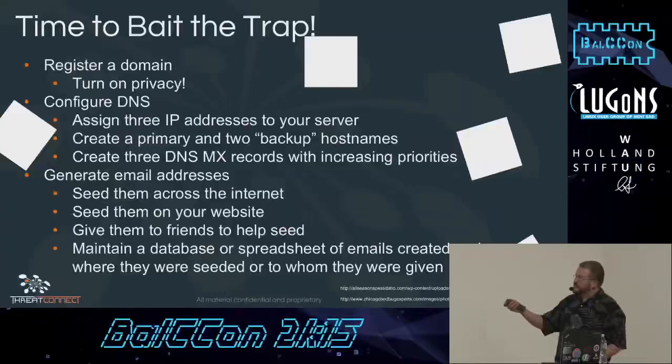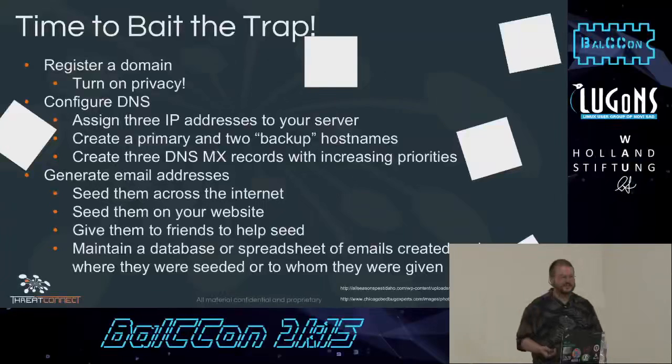So make sure you assign at least 3 IP addresses. You only have to set up one spam honeypot, one mail server, but assign three different IP addresses to that server, so that you simulate a real environment.